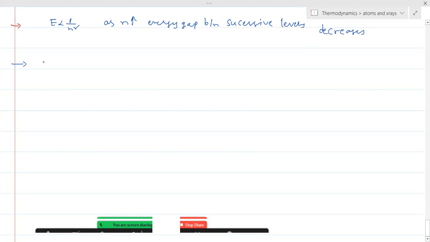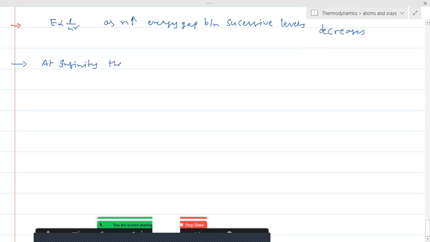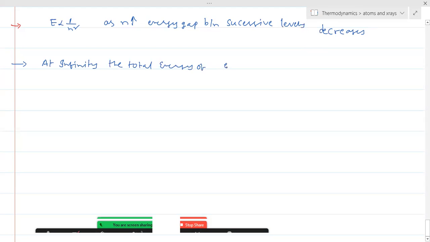And at infinity, the total energy of the electron becomes zero.